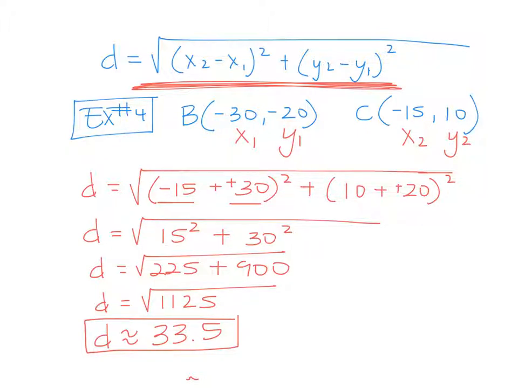Did you square maybe instead of square rooting? Yeah, you want to square root it. So do the square root symbol and then 1125. Gotcha.